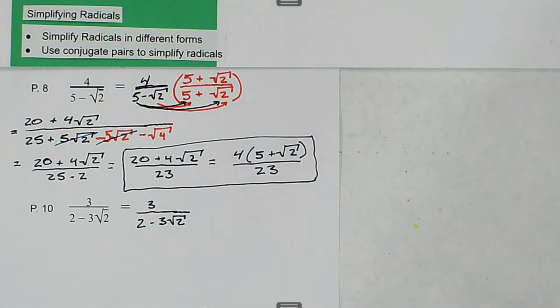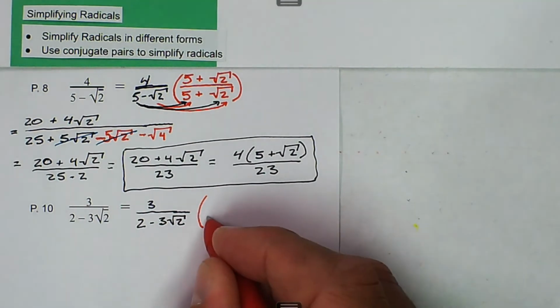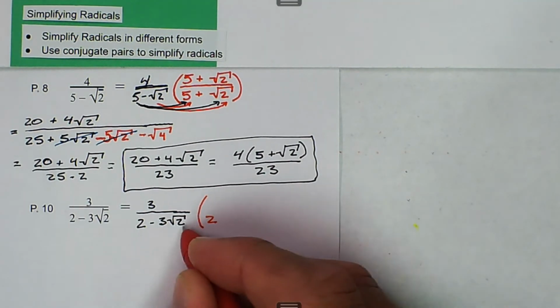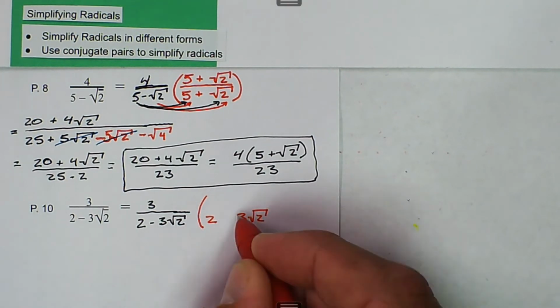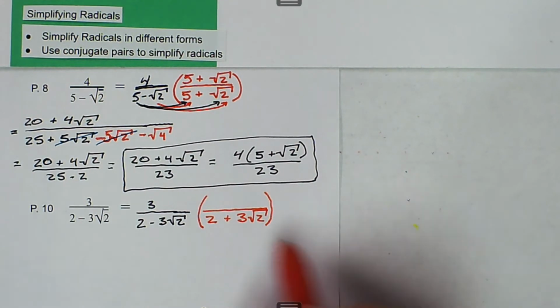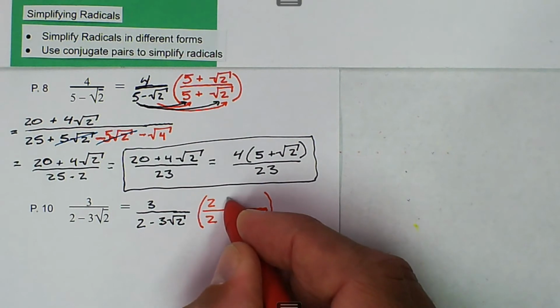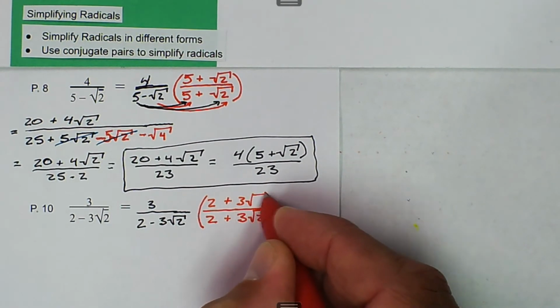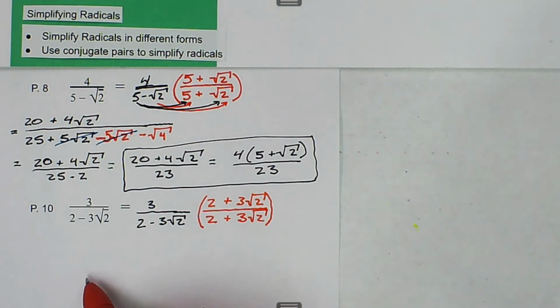And I'm going to multiply by the conjugate pair, which is to keep the outside terms the same and change the sign. And in order to make sure we don't change the value, we want to multiply by 1. So to make this 1, we just make it the exact same as the denominator. Then we just have to distribute and multiply these together.